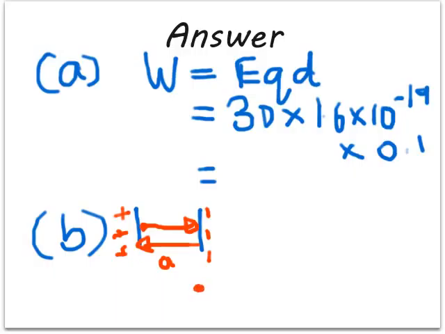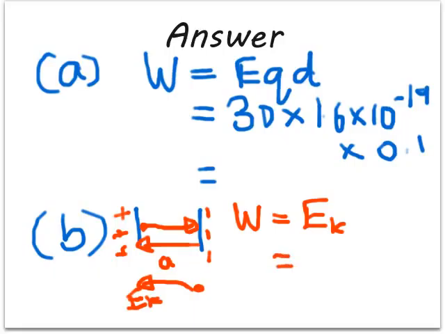It's got a certain amount of potential energy there, and it's going to gain a certain amount of kinetic energy. So the work done will be equal to the kinetic energy when it gets back to the other plate. All we've got to do is make that answer from A equal to half mv squared and solve for v.